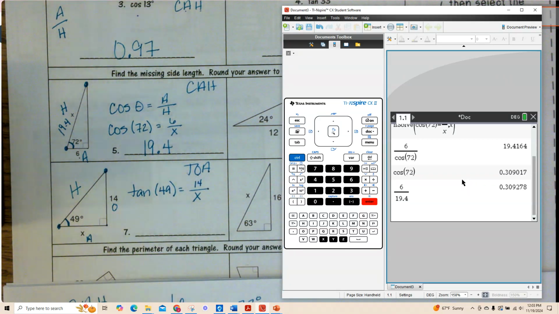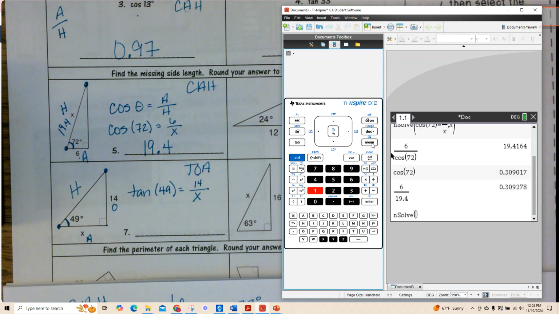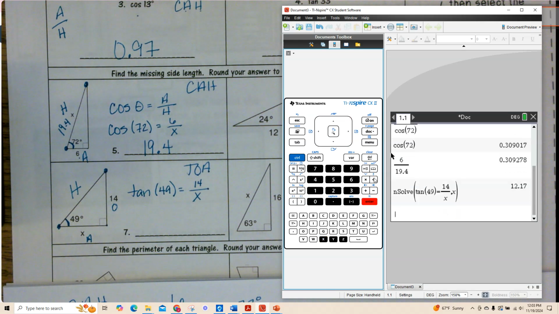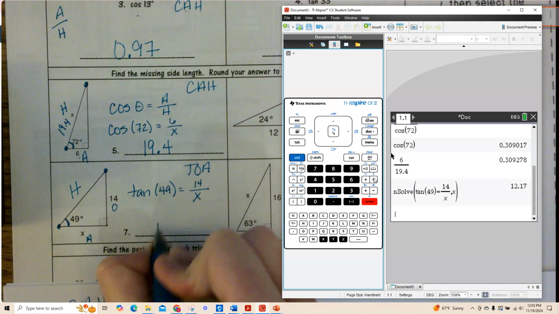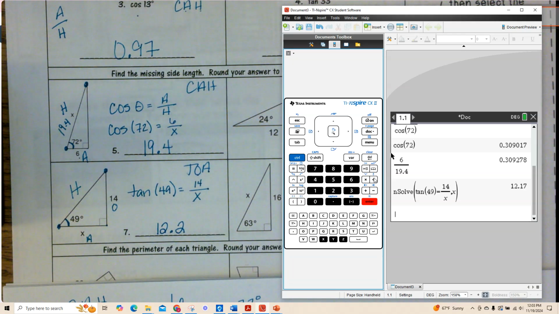If you can get it set up, okay, the calculator will do the rest. So we should be able to do menu 3-1, and then we can do tangent of 49 equals 14 over x, comma x, and then we're rounding. So one number after the decimal on these. And again, that's the length of this side.